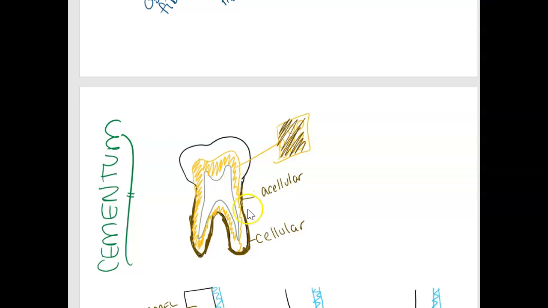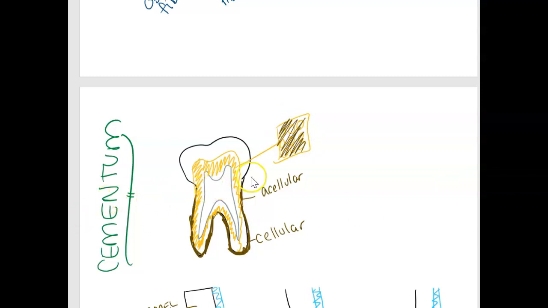So it's important that we do not need to remove the cementum to eliminate bacteria. It's so important that we preserve the cementum. The cementum has some great benefits, and one of the benefits is that it seals the tubules. So do not aggressively debride the cementum off.